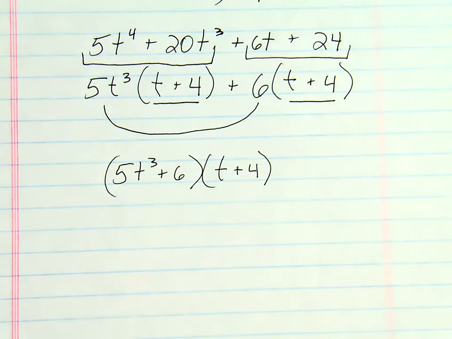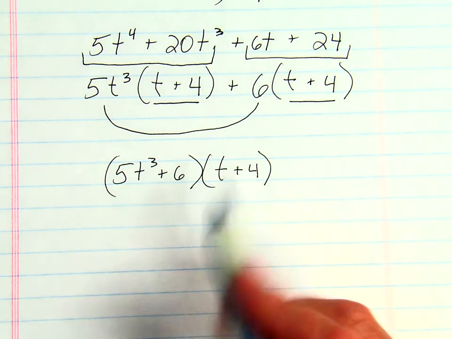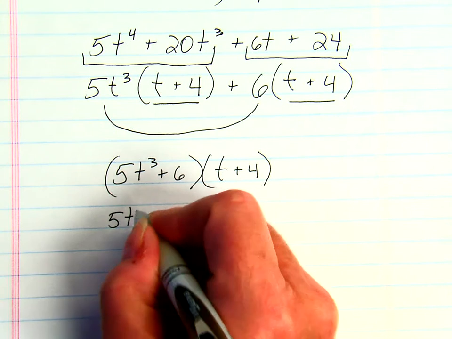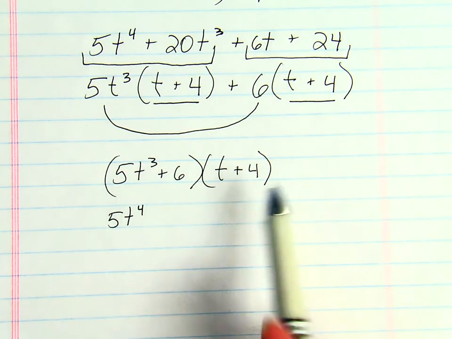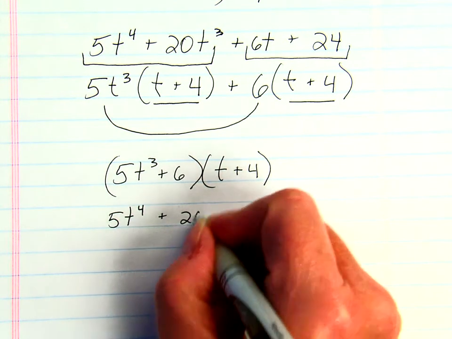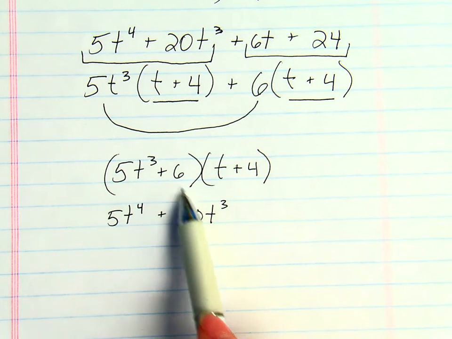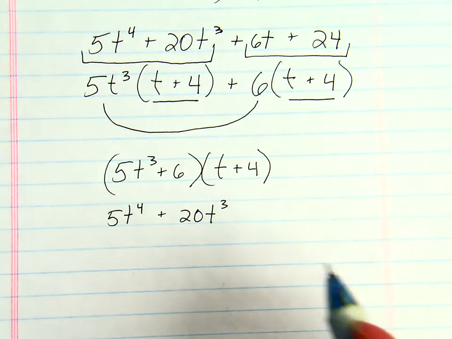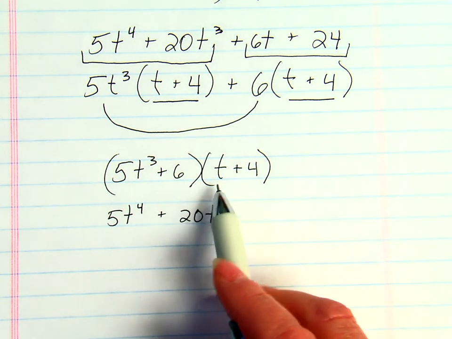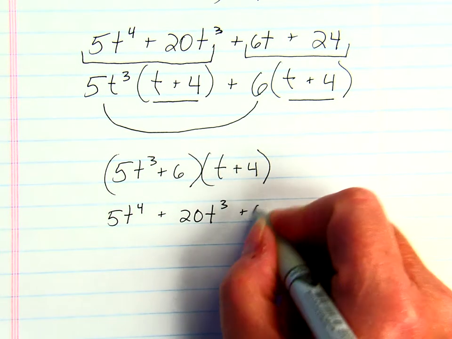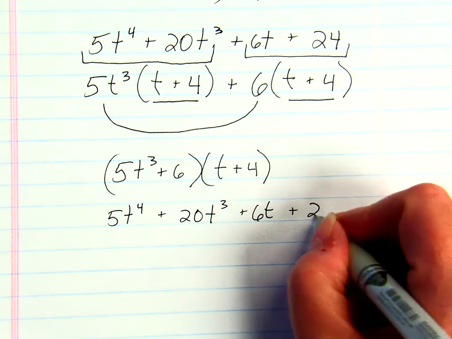Okay, so what we are going to do is first, like I said, 5t cubed times t, which is 5t to the 4th. Outside, 5t cubed times 4 is 20t cubed. Inside is 6 times t. And last, 6 times 4 is 24.